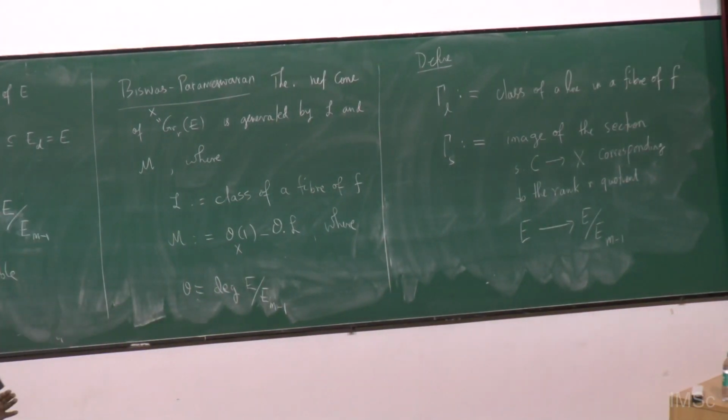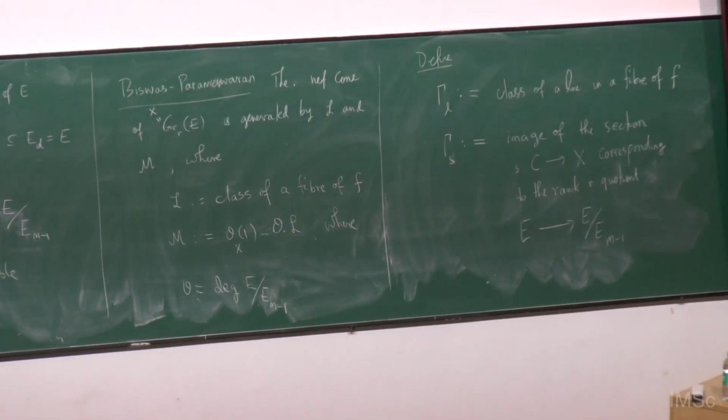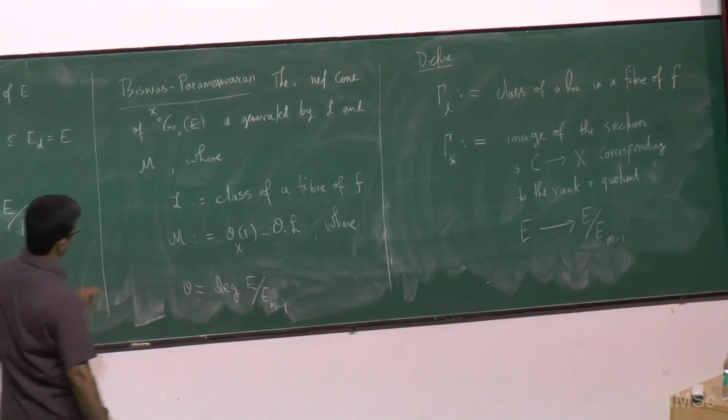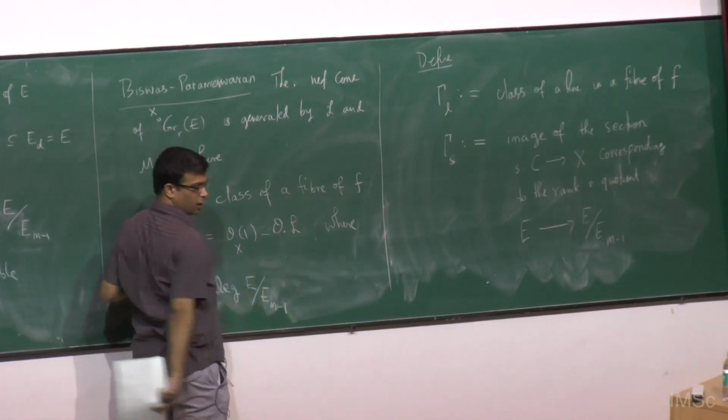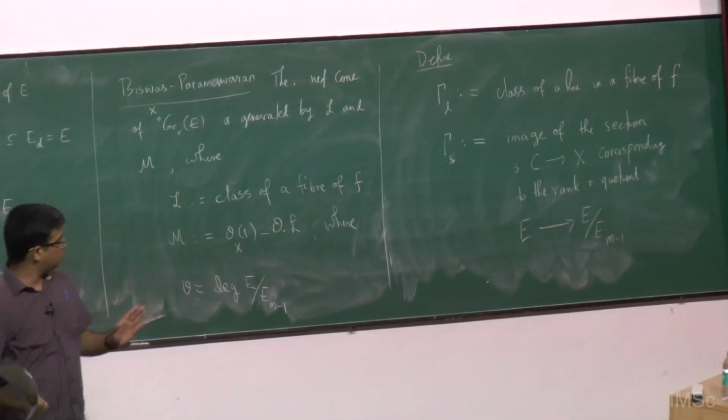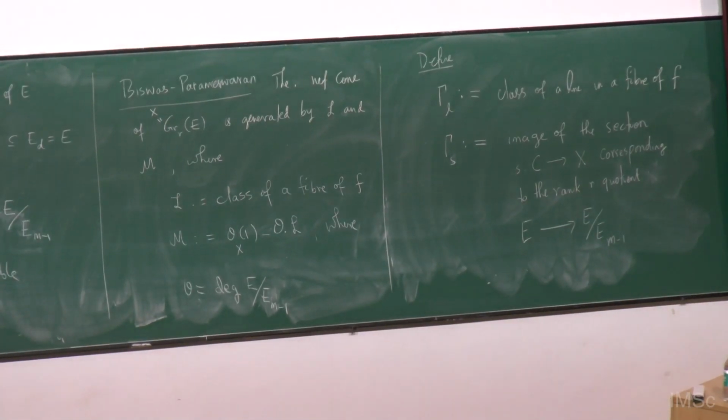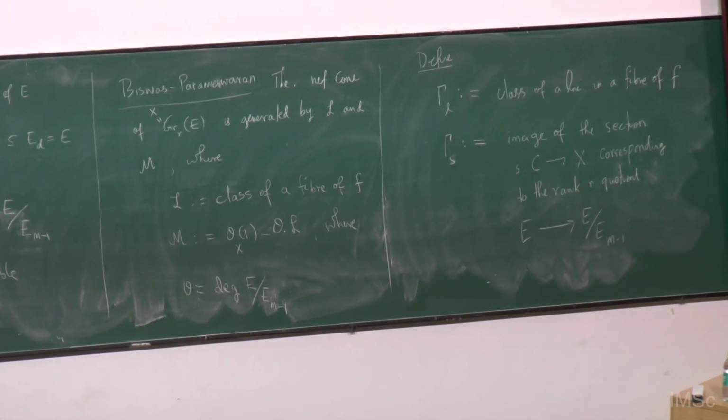Some investigation of the intersection pairing on this variety X, in particular how L and M intersect gamma_L and gamma_S, tells us that gamma_L and gamma_S span the closed cone of curves.